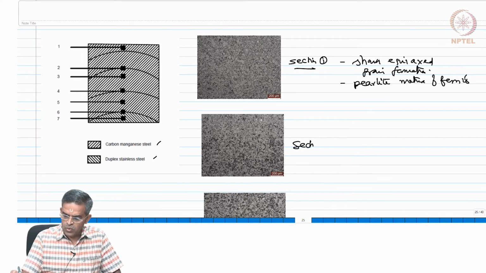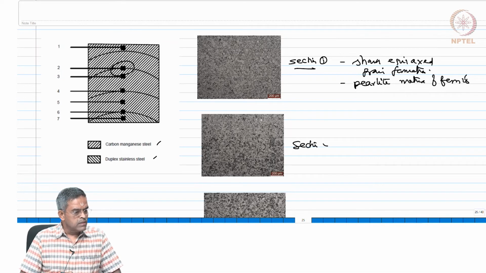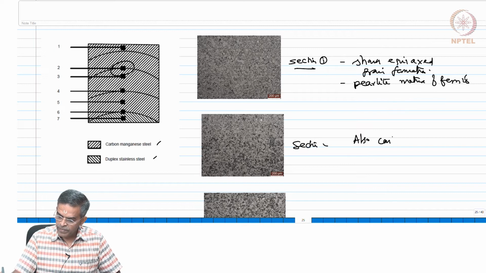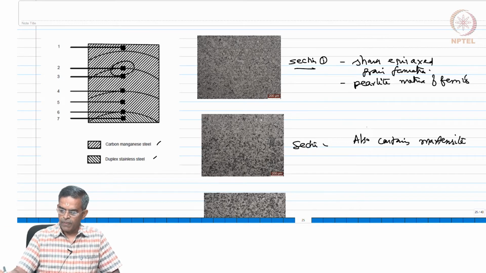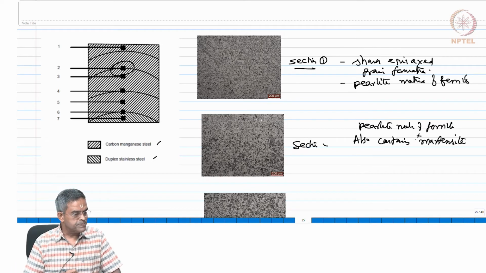This is section 2, which is here. Section 2 shows an equiaxed formation of pearlite matrix of ferrite. It also contains martensite. It contains pearlite matrix of ferrite plus martensite.